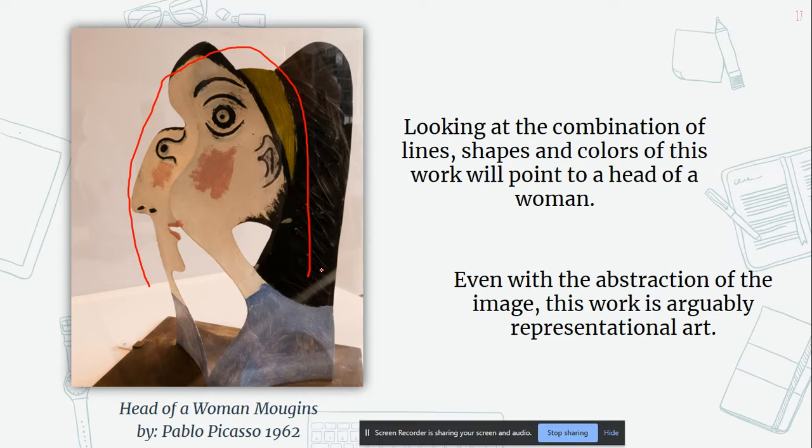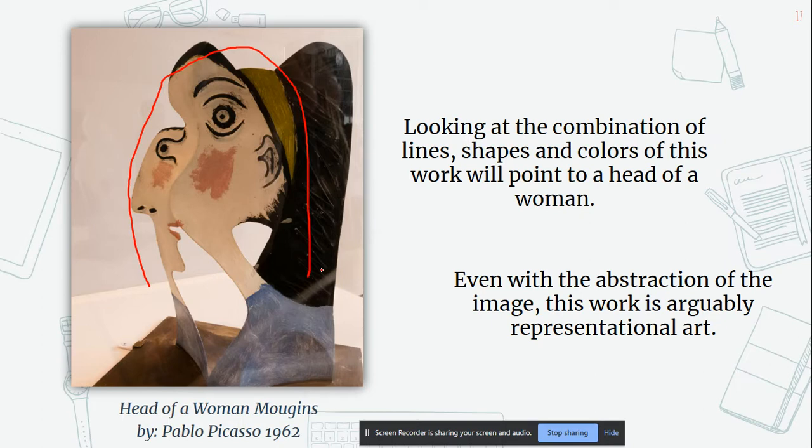But then again, some artists are questioning this and claiming it to be representational art because a head of a woman or a woman actually exists in reality.